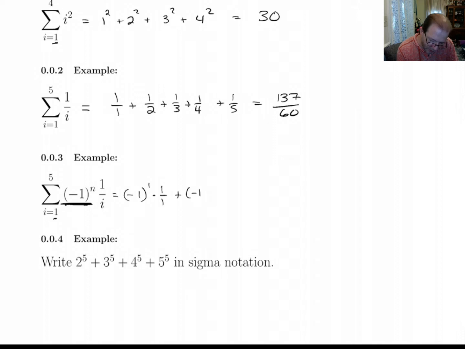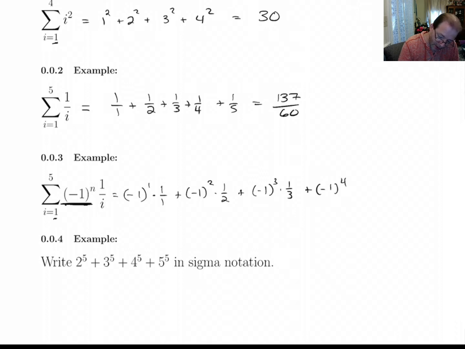Then we get negative 1 to the second power times 1 over 2. Plus negative 1 to the third power times 1/3, negative 1 to the fourth power times 1/4, plus negative 1 to the fifth power times 1/5.